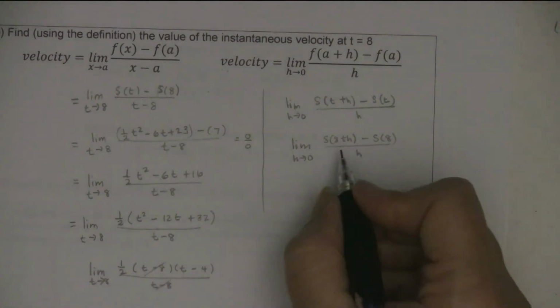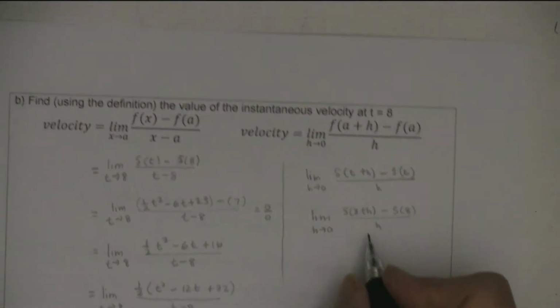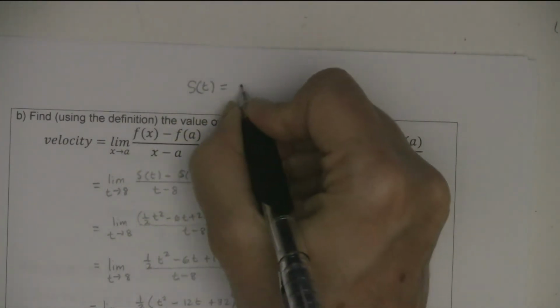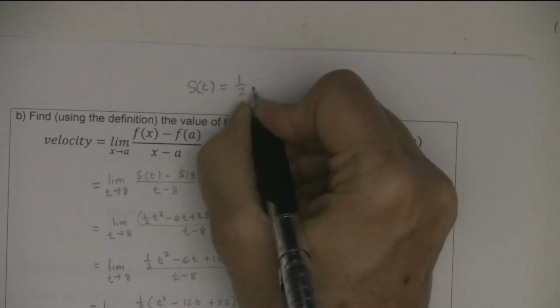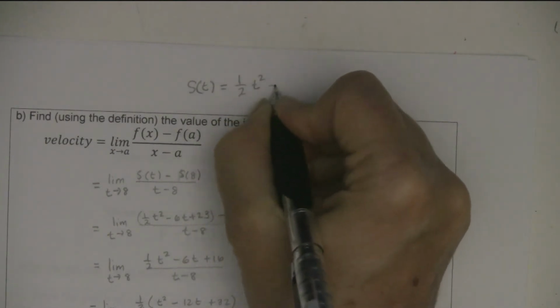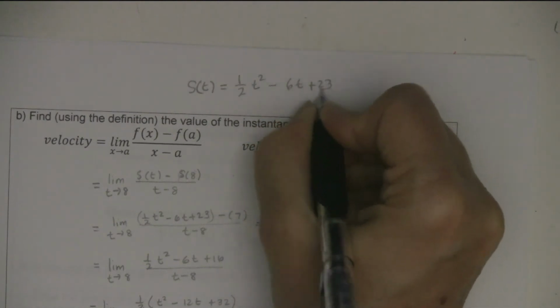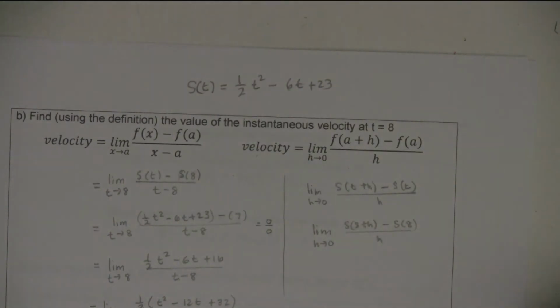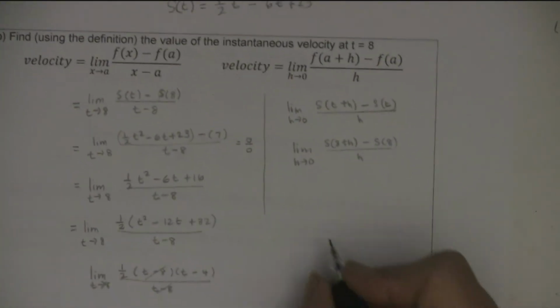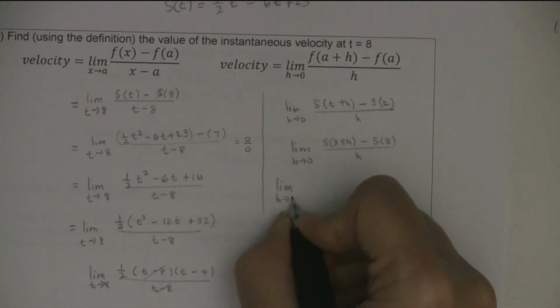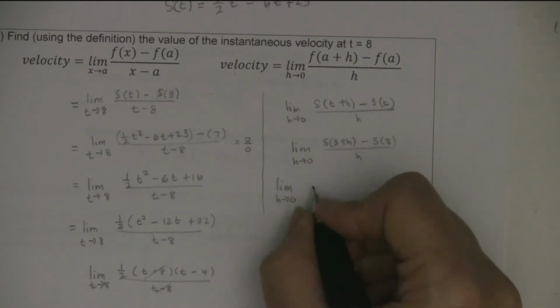And so now I have to put into my function s at t, remember what it was, half t squared minus 6t plus 23. I'm going to be putting in 8 plus h there. So this is a different way of doing it, but it's going to yield the same answer.